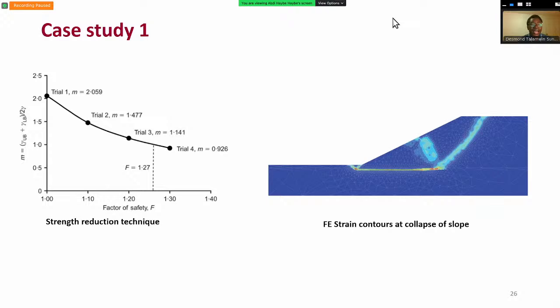In the figure to the right, at M equal to 1, the deformation is seen to form along the weak layer, where our factor of safety is obtained as 1.27. I will hand over to my colleague to discuss the next case study.